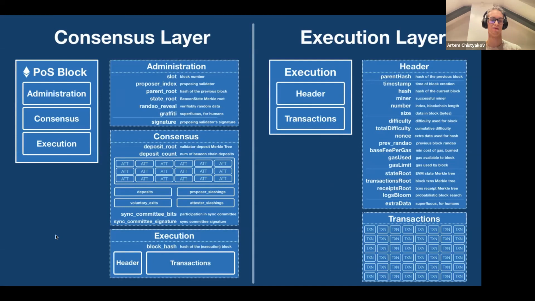All of this is represented in a Patricia Merkle tree, where every leaf of the tree is actually the bits of the state. What I mean by the bits of the state: the smart contract has special slots where it can store variables.